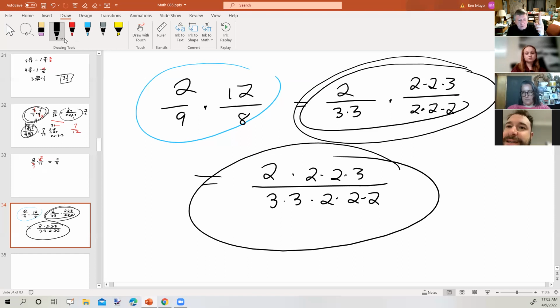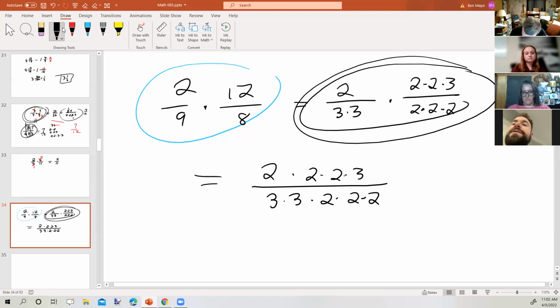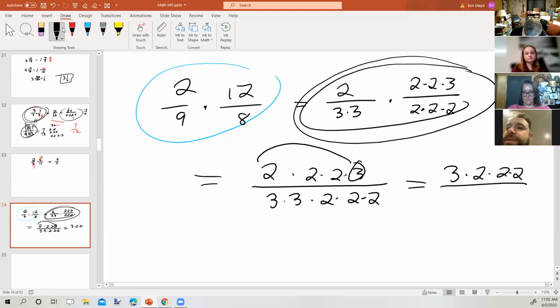You can multiply two numbers in either order. So if I wanted to, I could take this 3 and move it out into the front. You okay with that? Yeah, I'm okay with that.